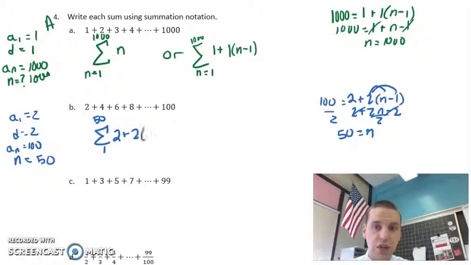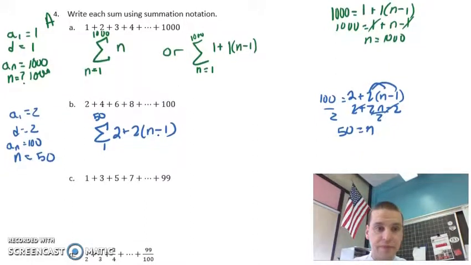When you do the work, it's going to help you out. 2 plus 2 times N minus 1. You can always plug this in the calculator and go to the 50th term and see if it's 100. You can always check it that way.